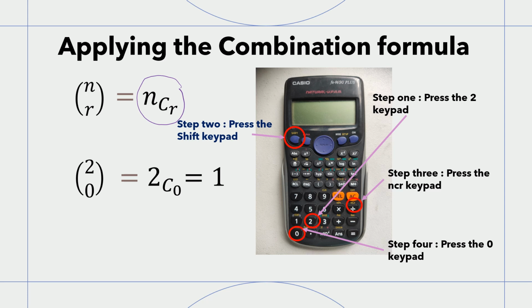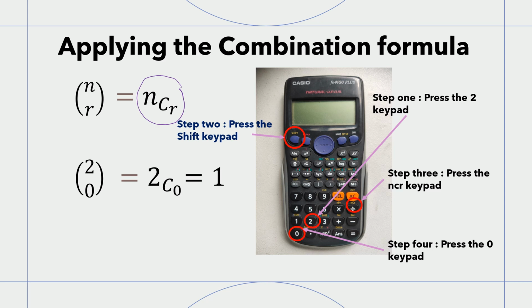Right, so step 1, depending on what you want to evaluate, let's say you want to evaluate 2C0. First, press the number 2, followed by the shift key, then followed by nCr, then followed by 0, and you should get 1.